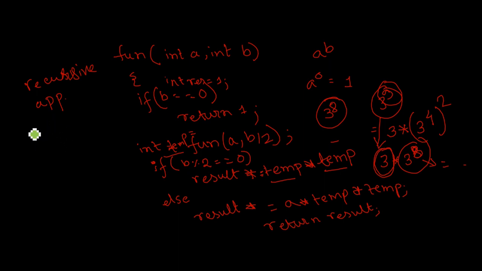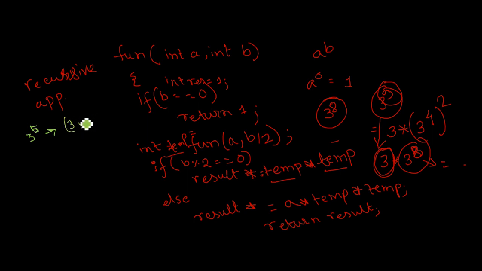For the example, let me take 3 to the power 5. It starts with an odd number, that is completely fine. So at first the function will call 3 comma b by 2.